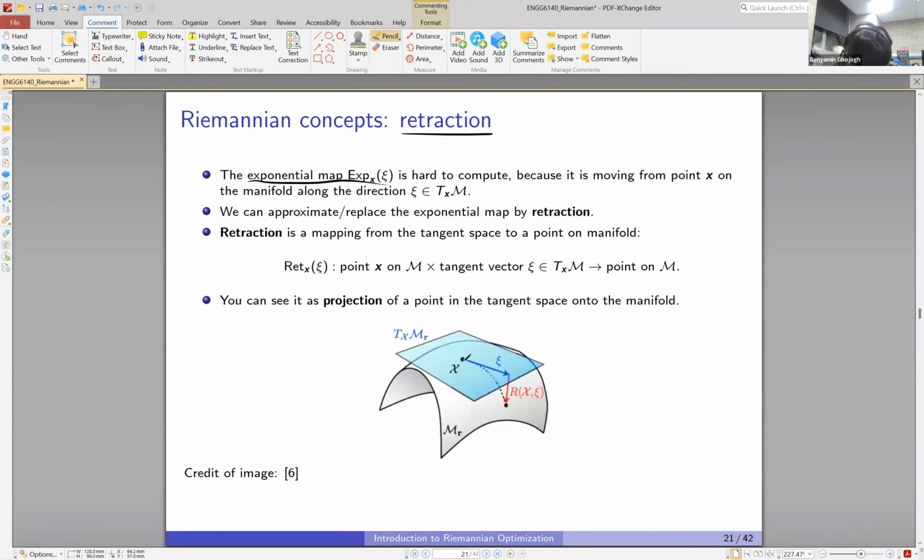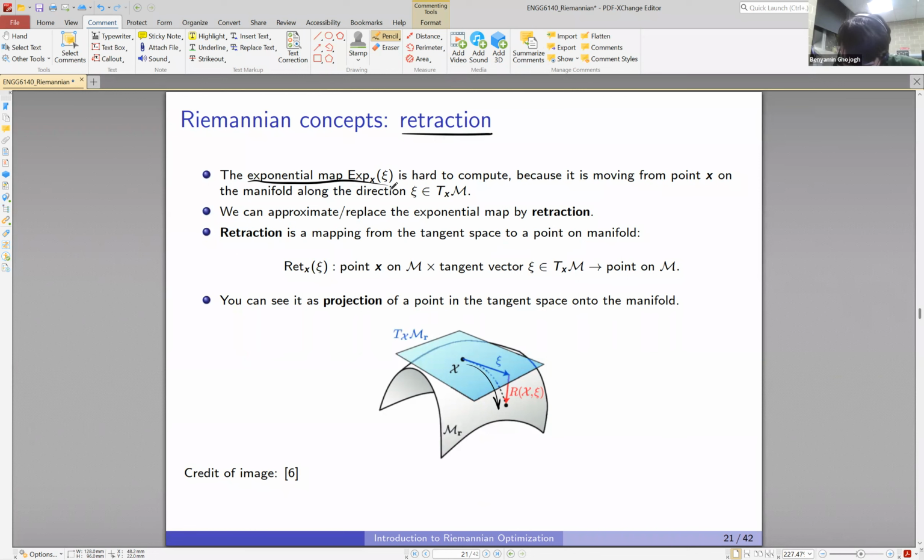I want to move from this point to this point on the manifold in the direction of zeta. Zeta itself is a tangent vector in the tangent space at point x, right? So if I move on the manifold like this, curvy, on the curvy manifold in the direction of zeta, this is the exponential map.